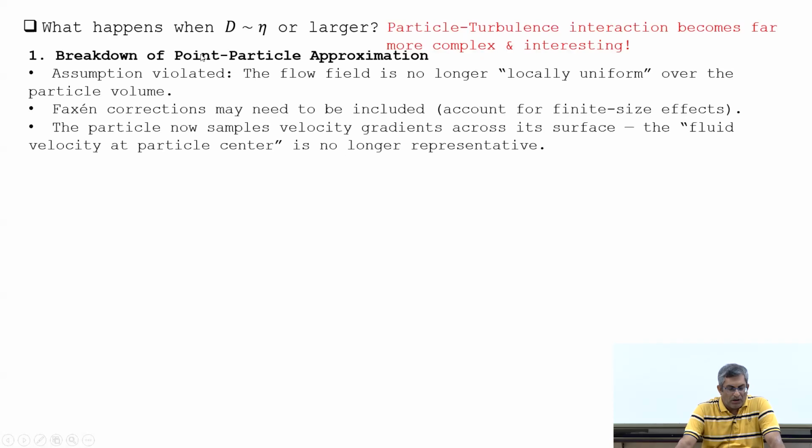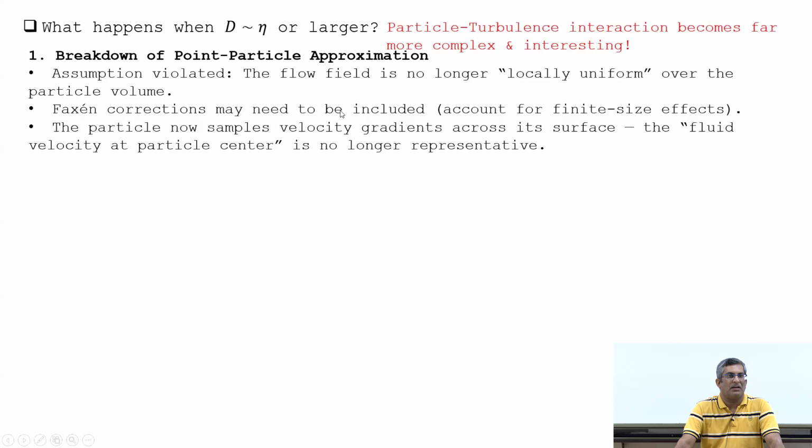So first of all, in this case, the point particle assumption now breaks down. So this assumption is violated now. The flow field is no longer locally uniform over the particle volume as was assumed. So now we have to consider the Faxén correction.